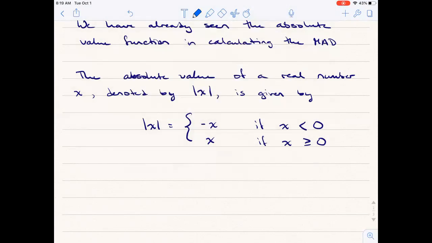This negative x is just saying the opposite of x. If x is less than 0, whatever is inside the brackets is a negative value, then we take the opposite of it, which essentially throws a negative on it and takes away the first one. If it's positive, it just stays what it is.